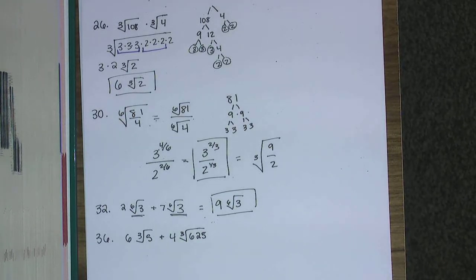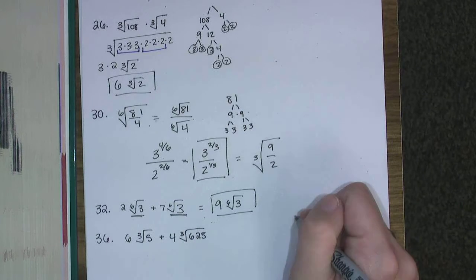So I need to figure out how I can divide it up. We know 5 times 5 is 25. So let's just see if we can divide 625 up into anything.